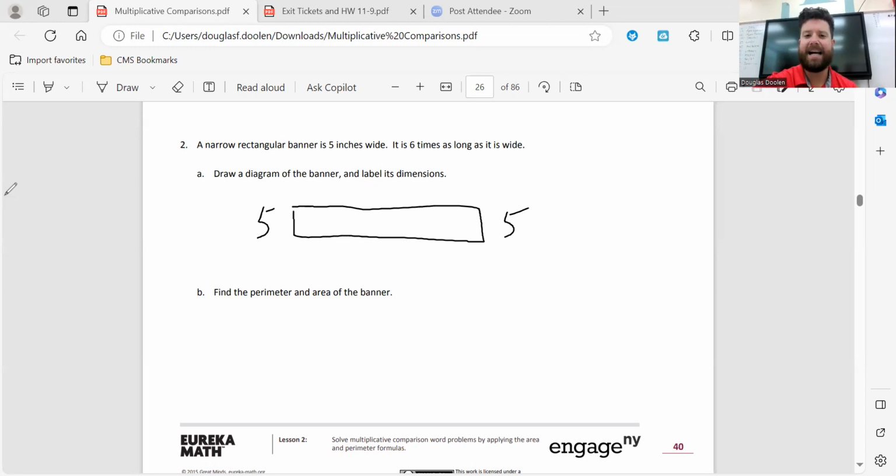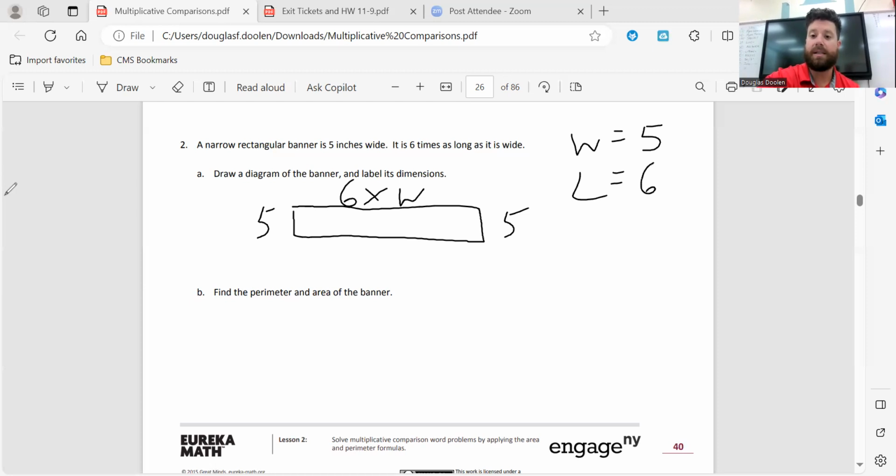It is 6 times as long as it is wide. So this is 6 times width. So what we have here, W equals 5.